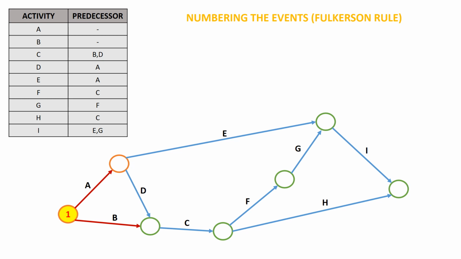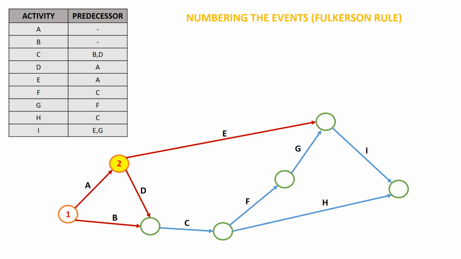Therefore, I will mark the event after activity A as event number 2. Now from event 1, I will move on to event number 2. From event number 2, I have two activities that are starting, that is activity D and activity E. Now we can clearly see which one to number first.